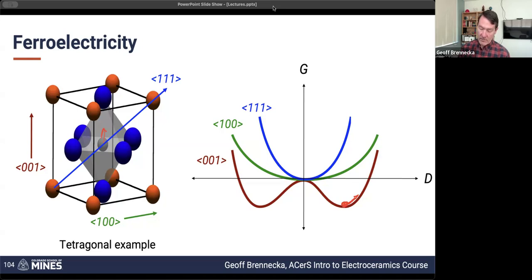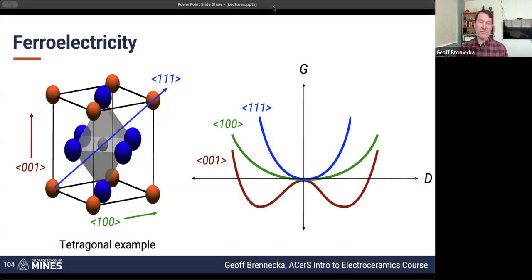Along 100, it wants to be in the center relative to the XY plane. So even if it's shifted up along Z, it's still in the center in the other axes. Now I can apply a field and it doesn't take much energy to get a lot of displacement. Remember, the vertical direction here is the free energy required, and X and Y is the displacement. That displacement is how much polarization I'm able to get.